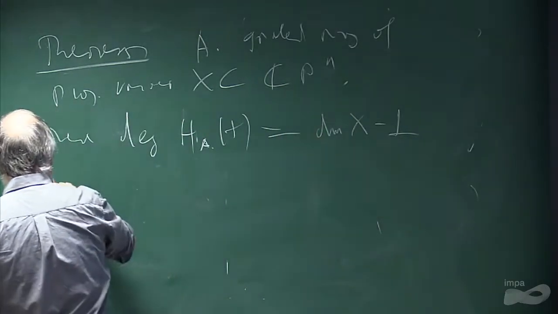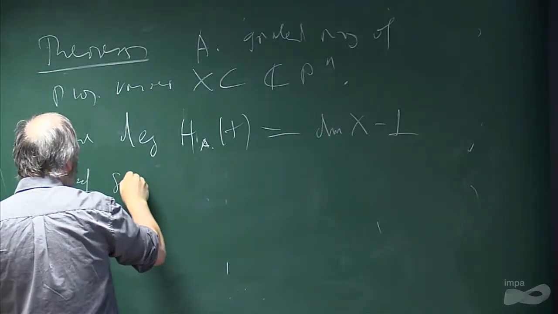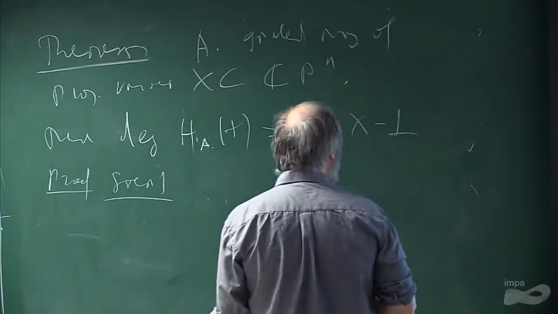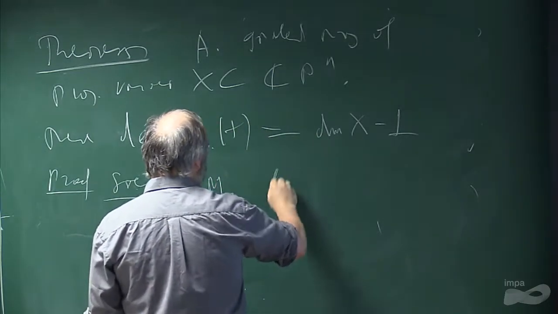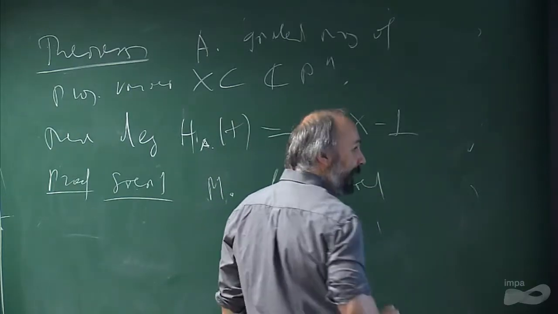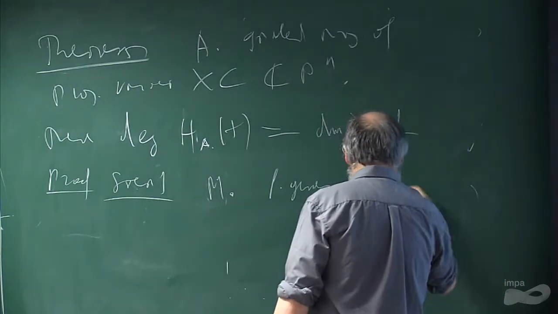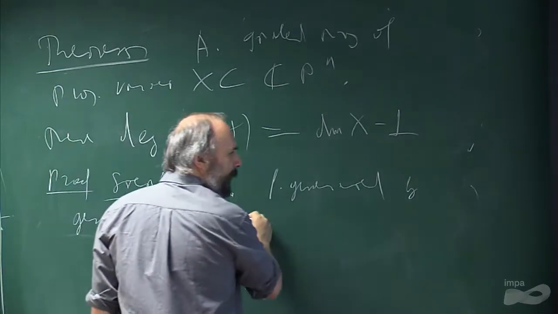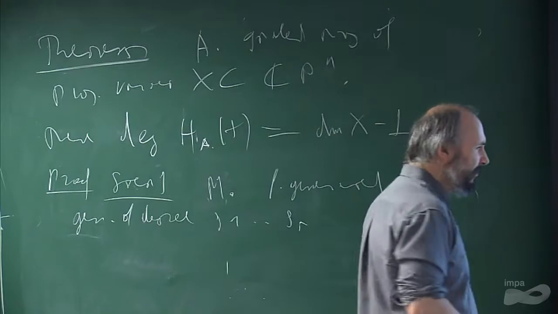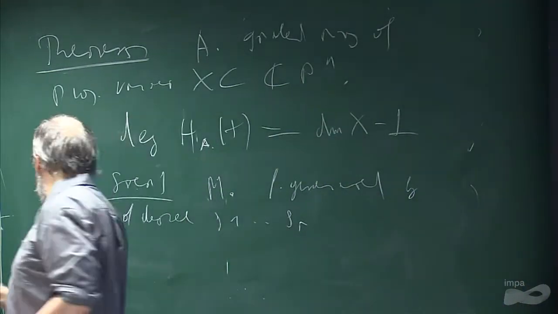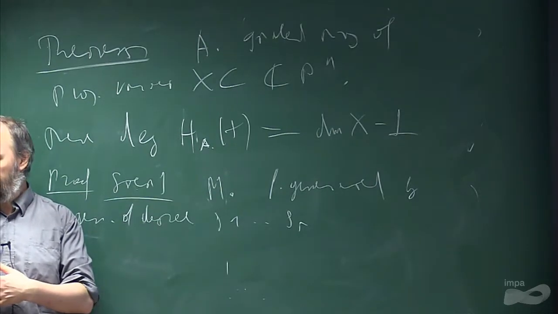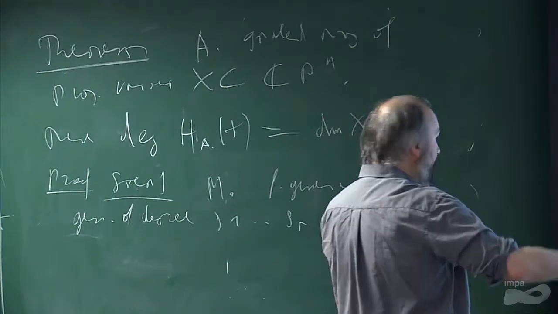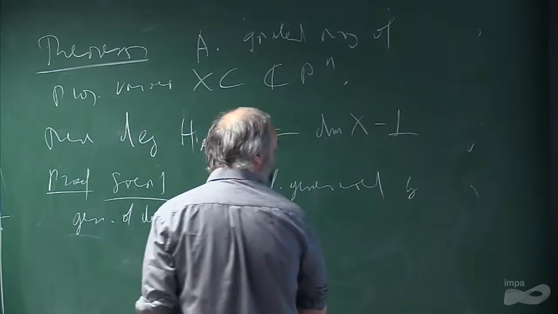Okay, so proof, step 1. You have M star finitely generated by generators of degrees s1, ..., sr. Then M is a quotient of a free module. But since the free module is a direct sum of free one-dimensional modules, you know their Hilbert polynomial and Poincare function.